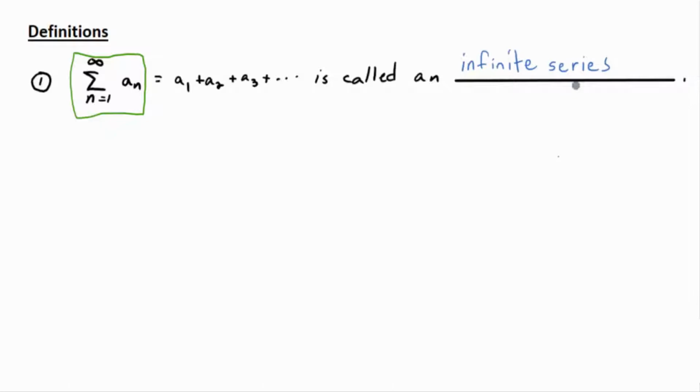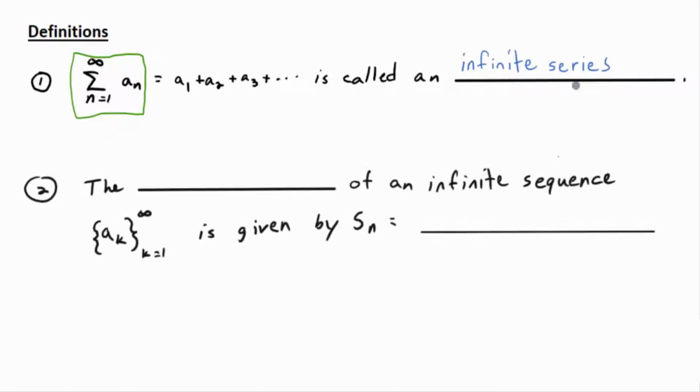So the nth, that's number one, and then number two, the nth partial sum of an infinite sequence.